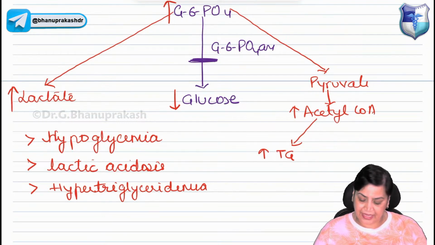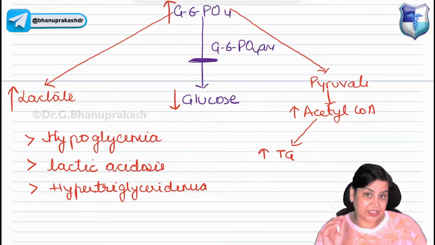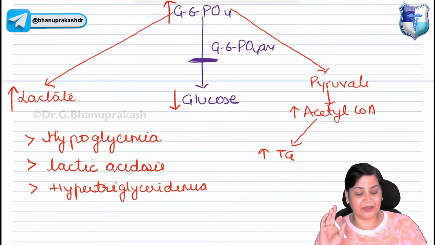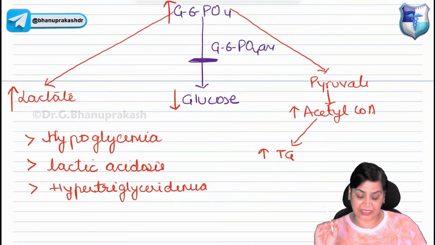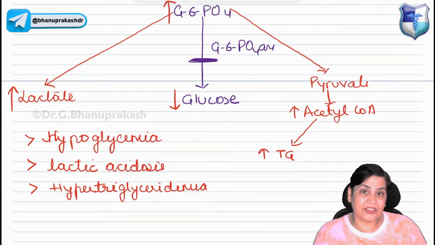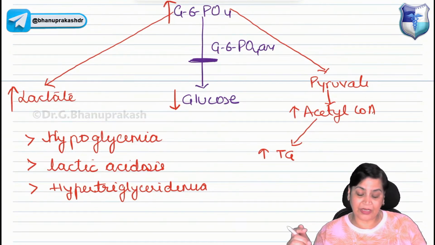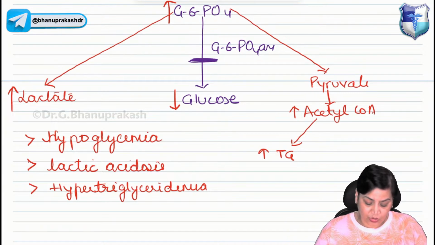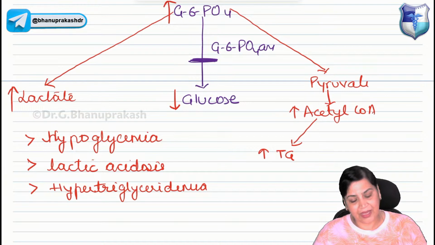So I can say that just because of the absence of one enzyme, only one enzyme is absent. Which enzyme? Glucose 6 phosphatase. But it is leading to so many other features. It is diverted to form lactic acid. It is diverted to form TGs. So hypoglycemia and hypertriglyceridemia will be there.